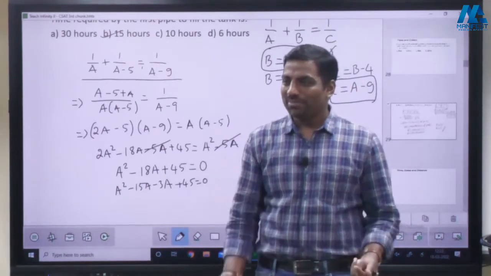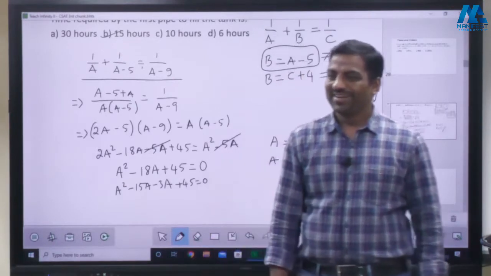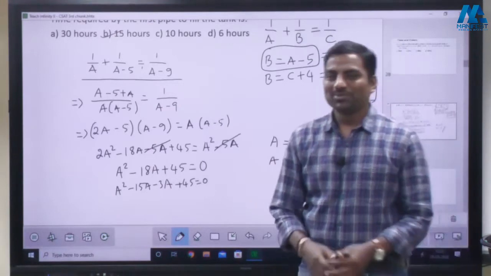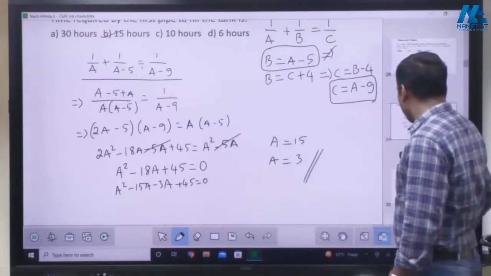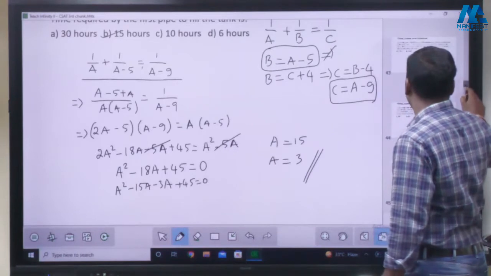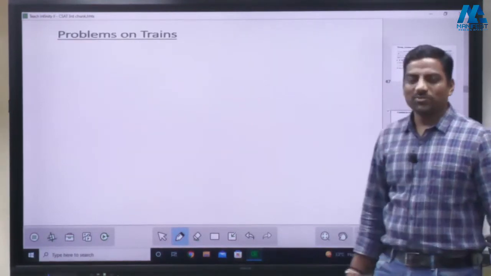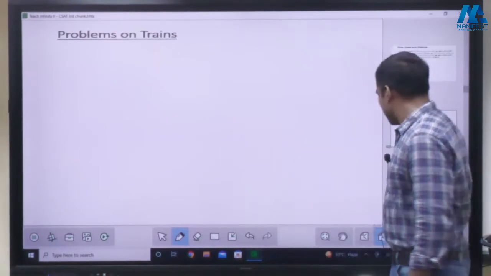So uniform speed is applicable for everything. Why not car? Why not bus? Why not bike? Why trains? Why we are considering trains?